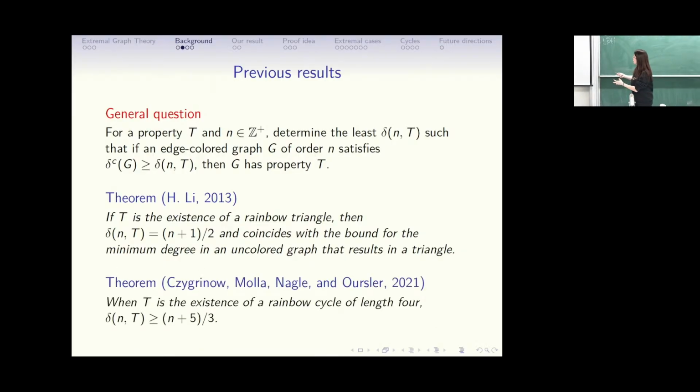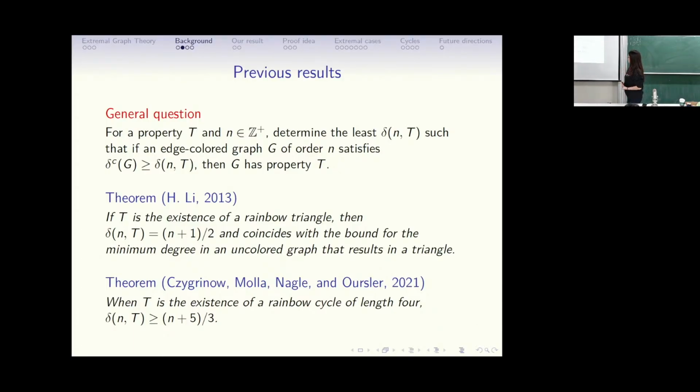So as long as the degree assures a triangle, then the color degree assures a rainbow triangle. However, naturally, one might ask, is it always the Turan bound? In fact, it's going to be very different in the bipartite cases.